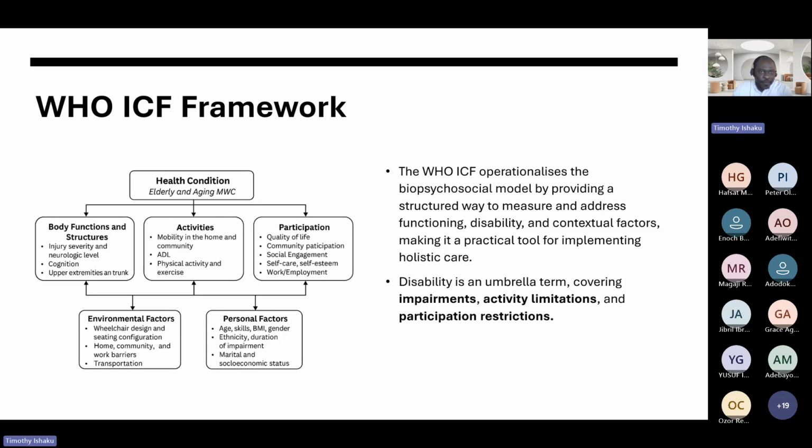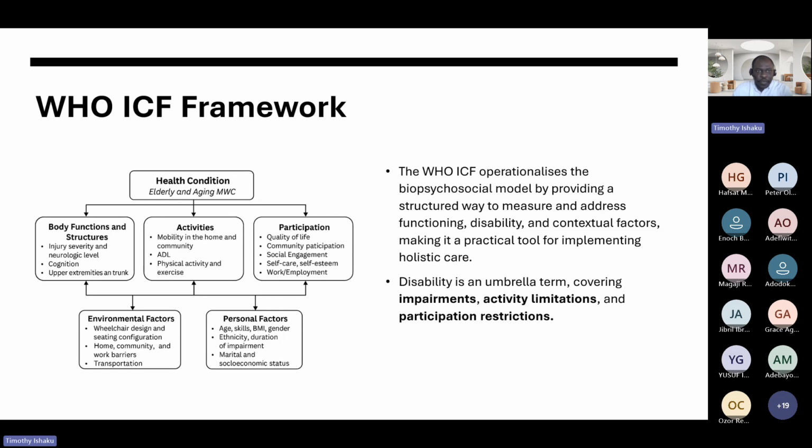If you look at the ICF diagram, there is the health condition right at the top. Then the first box is body function and structure, the second is activities or activity limitation, and the third is participation.